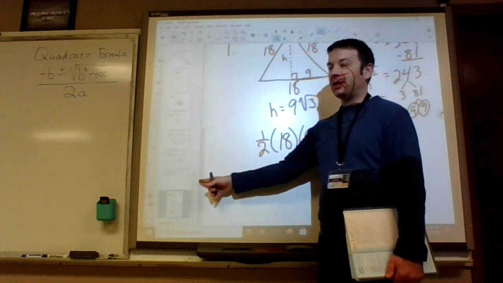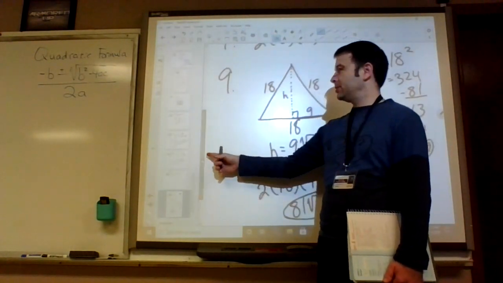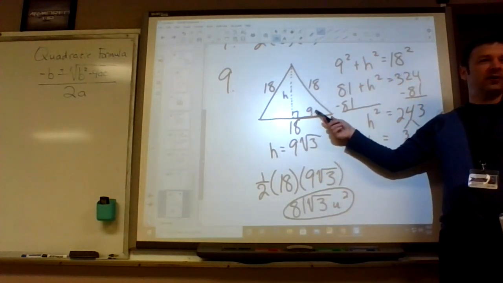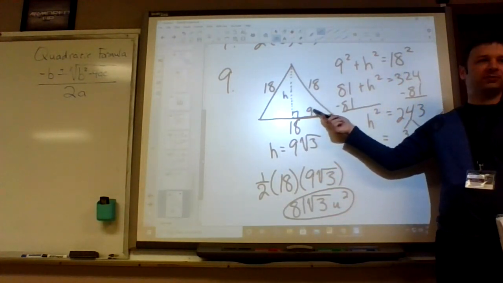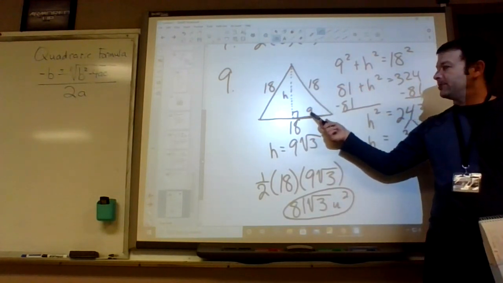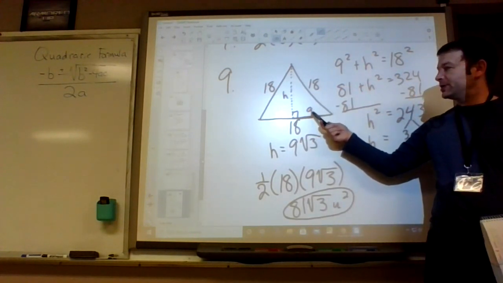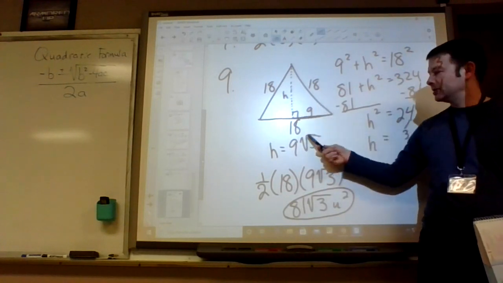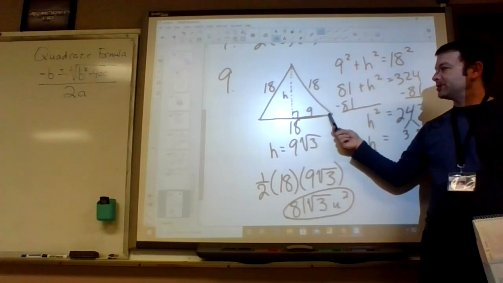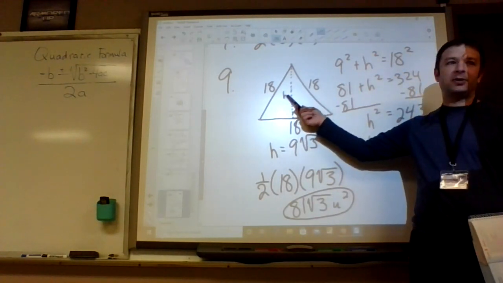I want to point something out really quickly. We've done these equilateral triangle problems a few times, maybe 6 or 7 times. Every time you do it, it's always this number times square root of 3. Like if half the side of the triangle is 9, the height is going to be 9 square root of 3.